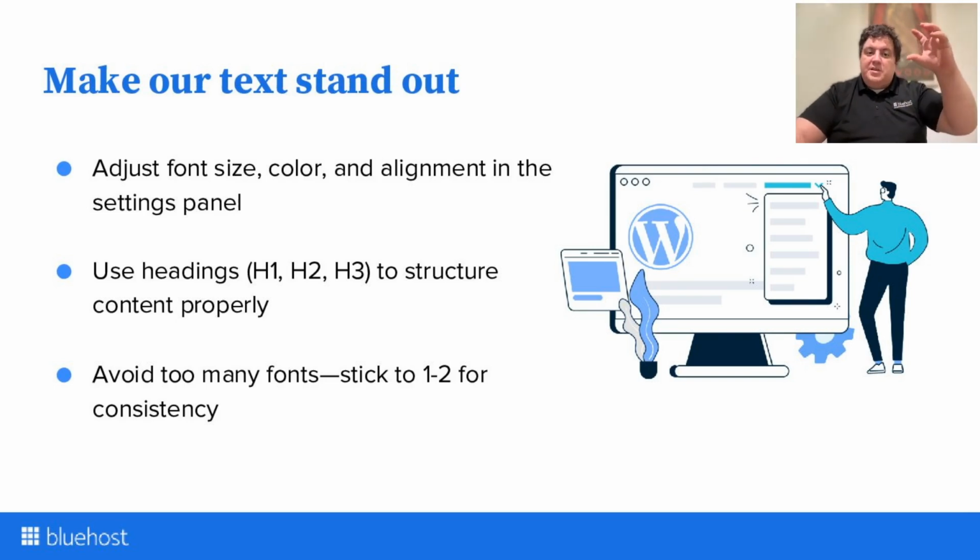So there's like a main topic, and even in this document here, our notes that we've been going through in this slideshow, we've got a header 1 that says make our text stand out, and these header 2 items of adjust font size, so it's organized into sections.